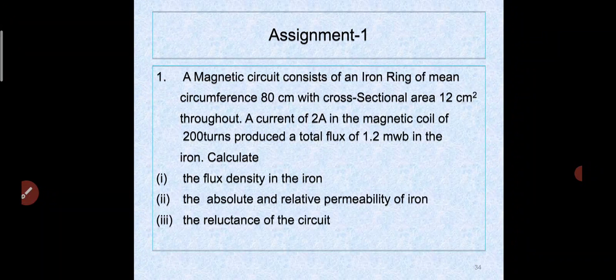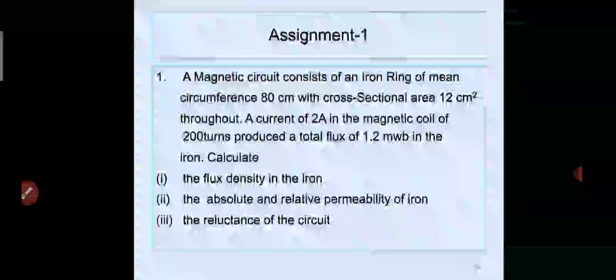An assignment. A magnetic circuit consists of an iron ring of mean circumference 80 centimeters with cross-sectional area 12 centimeters square throughout. A current of 2 amperes in the magnetic coil of 200 turns produced a total flux of 1.2 milliwebers in the iron.